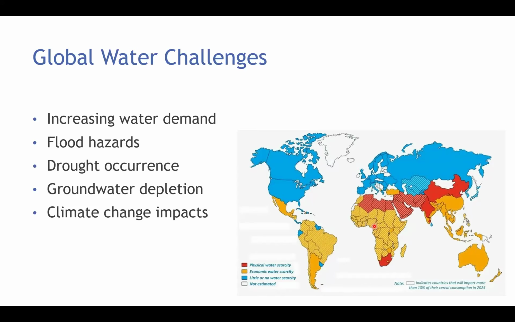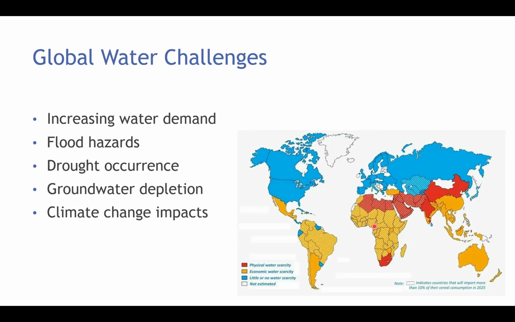Then another problem that we are facing and are expected to face is climate change impacts. So what is this climate change impact? We know that we have been emitting greenhouse gases since the industrial revolution, and the amount of greenhouse gases in the atmosphere is increasing.